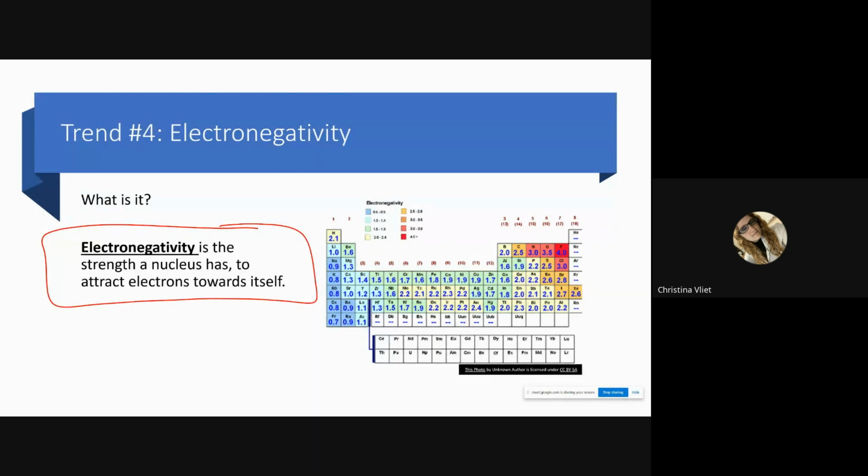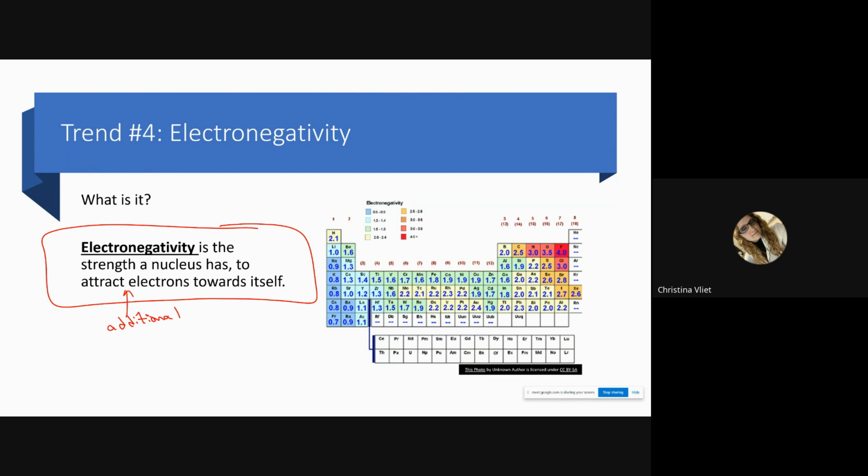Electronegativity. This is the actual strength a nucleus has. So the positive protons in the nucleus, the strength the nucleus has to attract additional electrons. Just to be clear here, and this is how Cambridge words it, additional electrons toward itself. So beyond the electrons it already has, the additional electrons to become like its nearest noble gas.